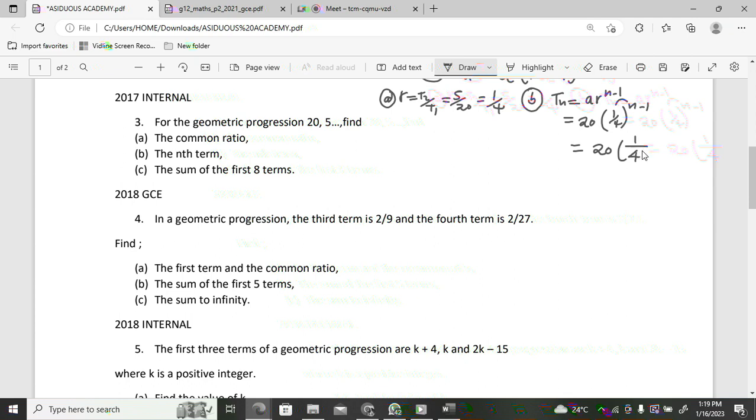So this is going to be 20 times 1 to the power n minus 1 over 4 to the power n minus 1. And then I can multiply 20 times the one which is on top. That is going to be 20 over 4 to the power n minus 1.